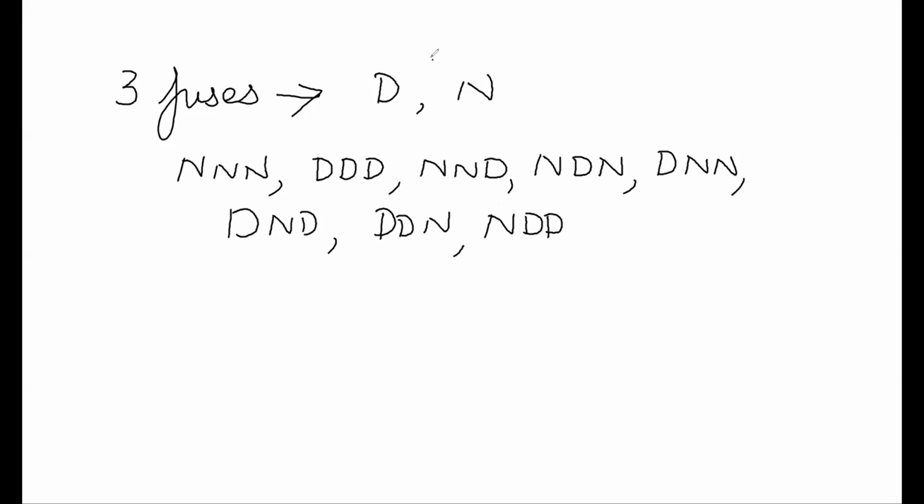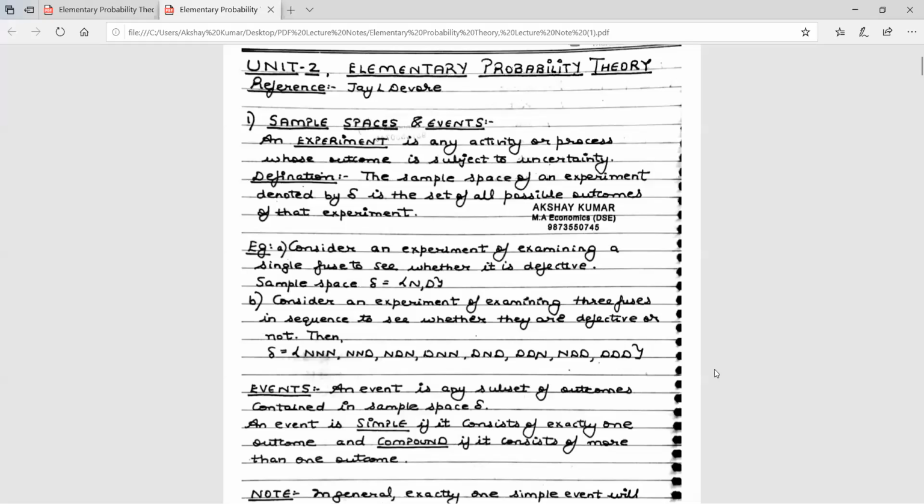So you can see there are how many possibilities? There are 8 possibilities.